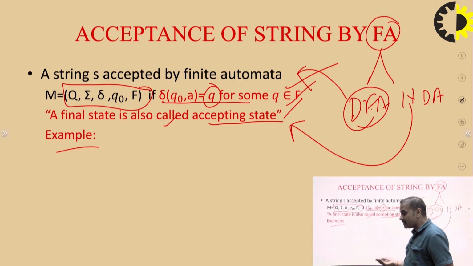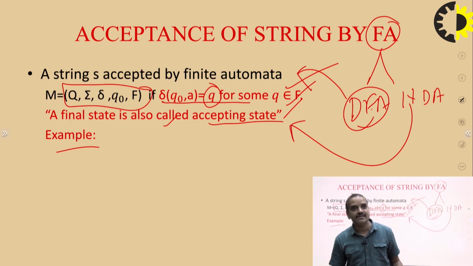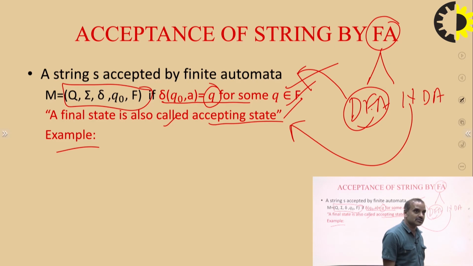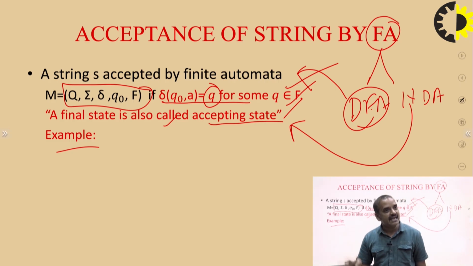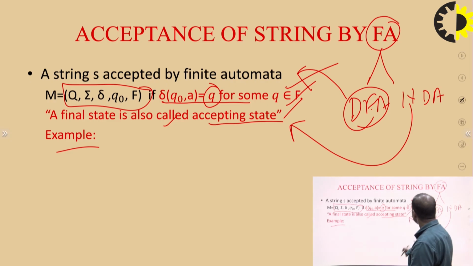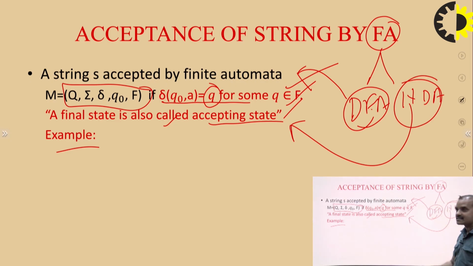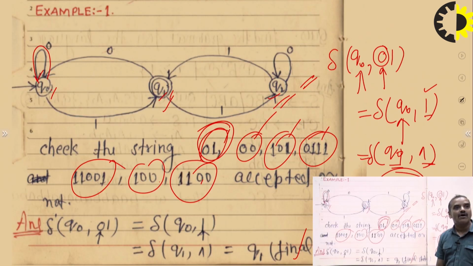It may be possible that a given string is accepted by the given NDFA or not, and this is discussed the same as in DFA. We have to consider a machine and check whether the given string is accepted by the given DFA or not. In the same way, we can explain whether the given language is accepted by the given NDFA or not.